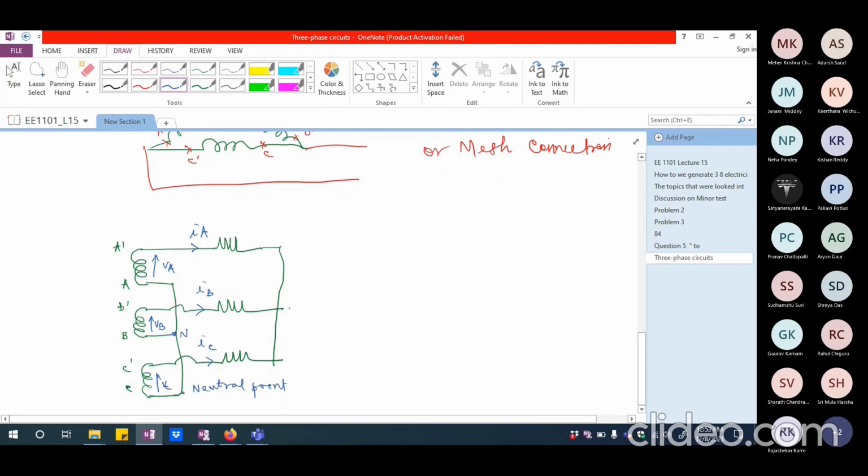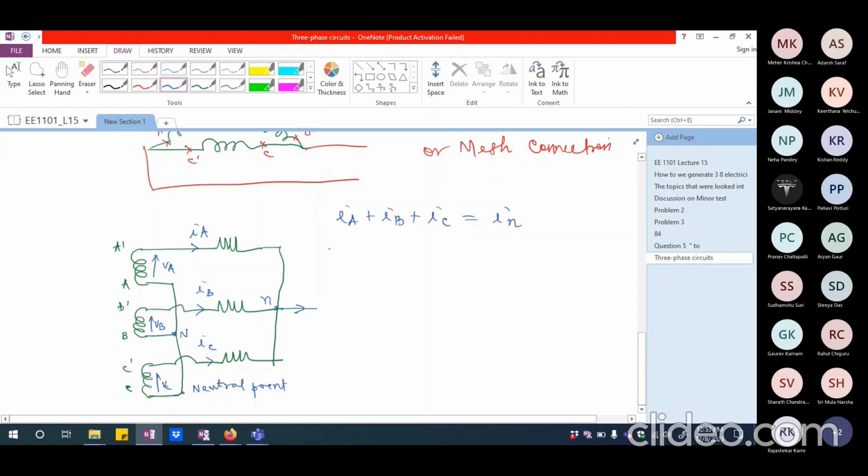Now I have to see what is the current that is going to come out from here. If I may call this the load's neutral, small n, this is the neutral point of the load. What is the kind of current that is going to come out of here? So I have to look at what is IA plus IB plus IC. That will be equal to IN according to Kirchhoff's current law.